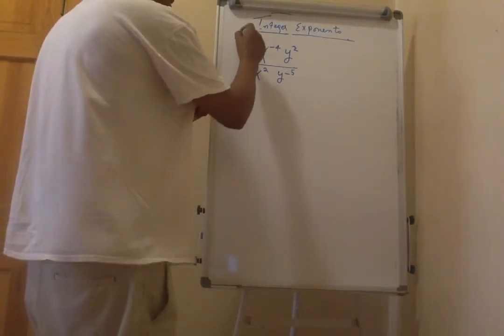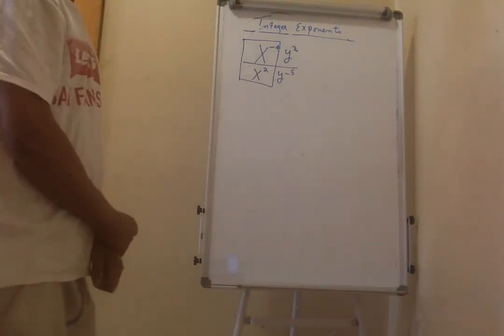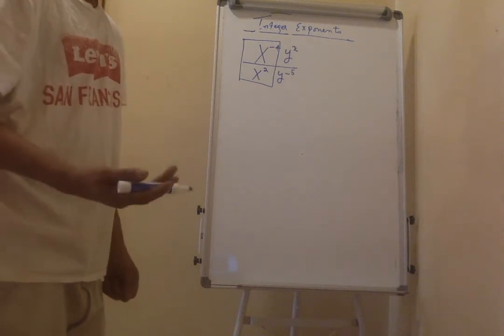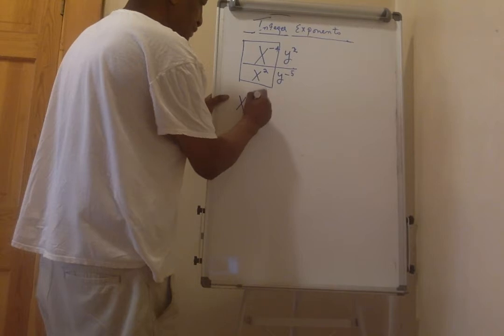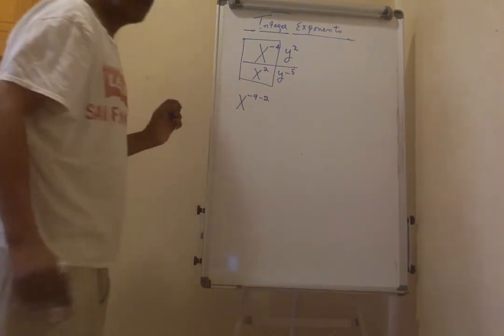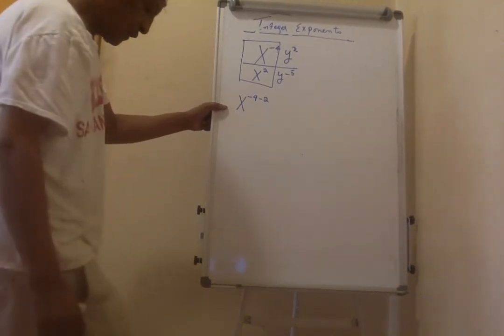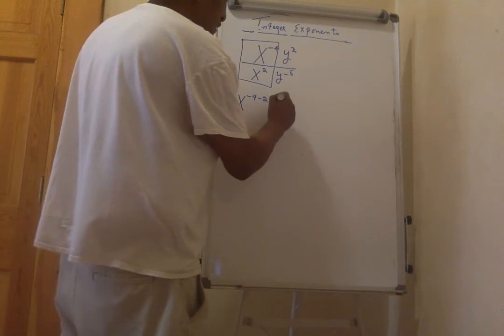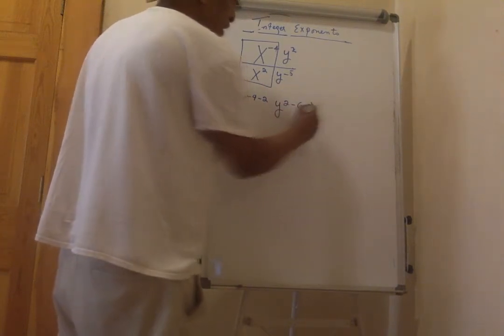First, try to solve this. X to the negative 4 over x to the second reminds us of the quotient rule. So I'm going to do x to the negative 4 minus 2, and the same also goes to y. So this is y to the second minus negative 5.